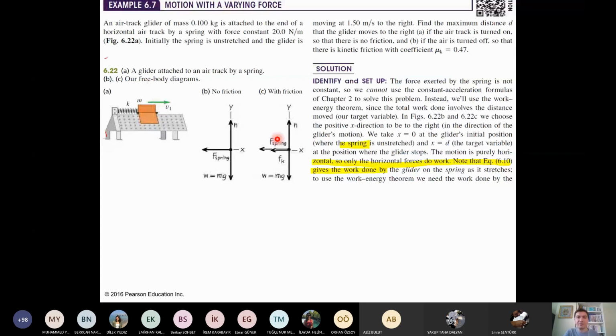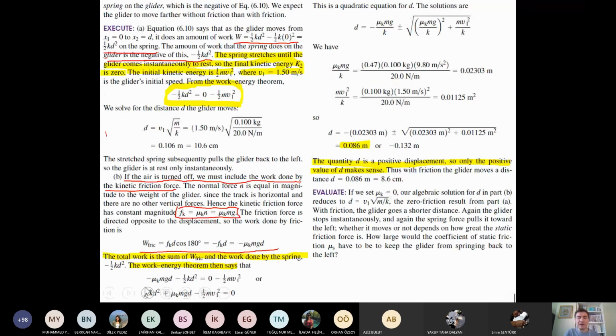So both F spring and Fk do negative work on this glider. So the total work is given with the work done by the kinetic friction force and the work done by the spring. Both of them have negative signs.